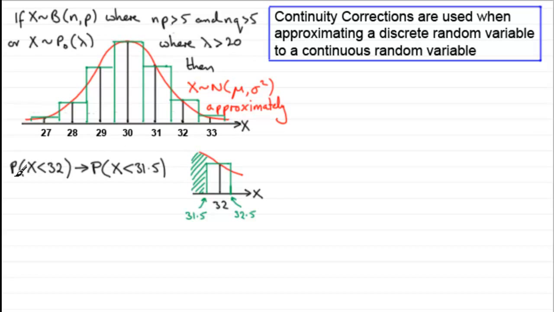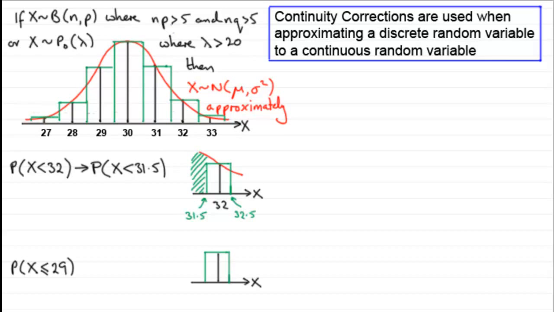Now it doesn't just stop here, because you could be asked, for instance, to work out the probability that your random variable x is less than or equal to a given value. Let's suppose we take 29. It doesn't matter what side this is on, it could be on this side, the same principle would hold. And that is, if we just consider this box here, round 29.